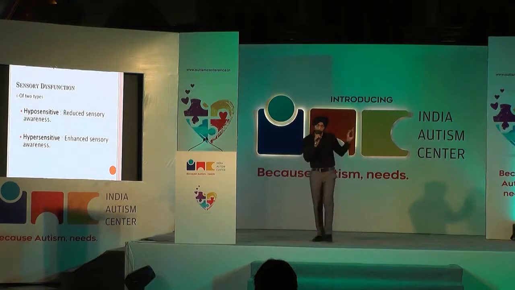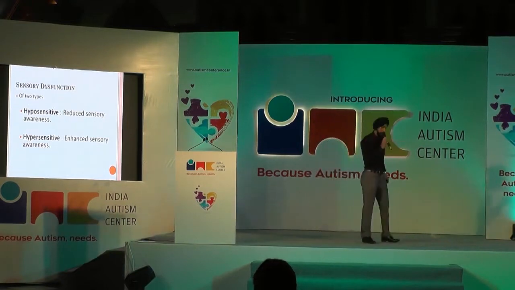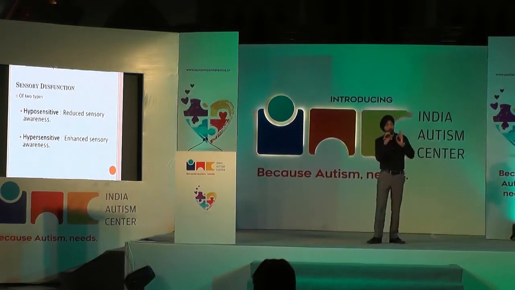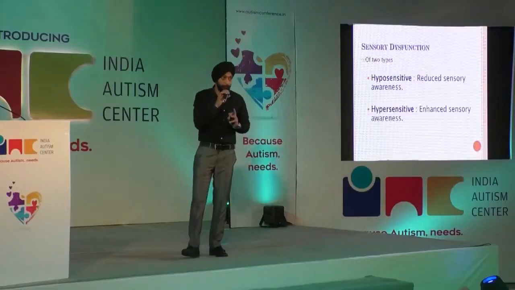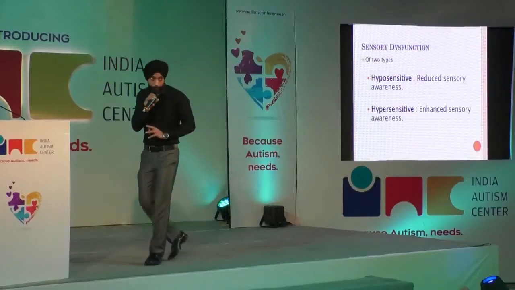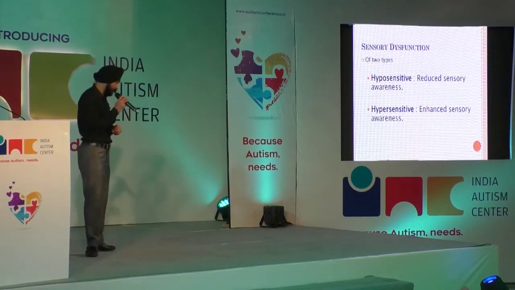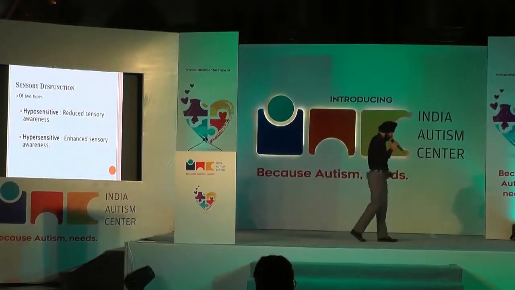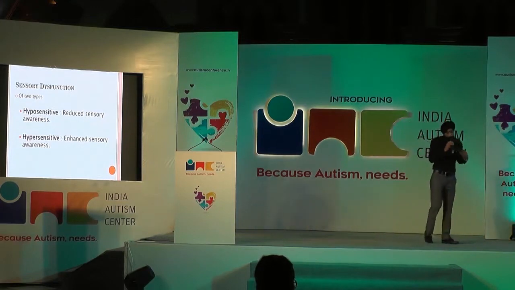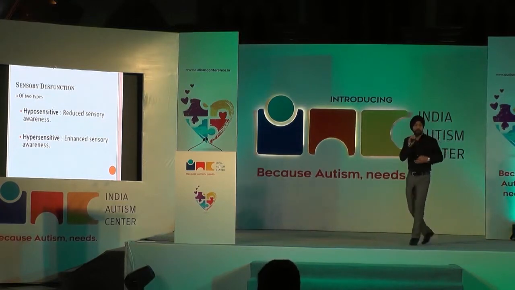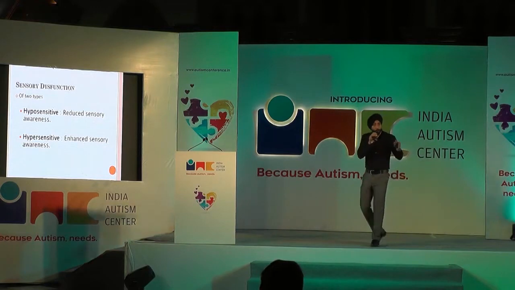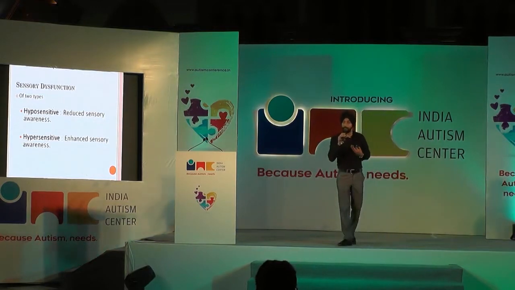And the third one, which I'm sorry I haven't mentioned here, is the seekers. This is very, very important, because if we are talking about the spectrum, the seekers are very common. What do I mean by seekers? A seeker is a child or person who continuously seeks sensory input.